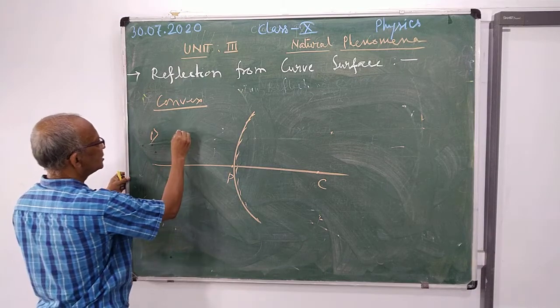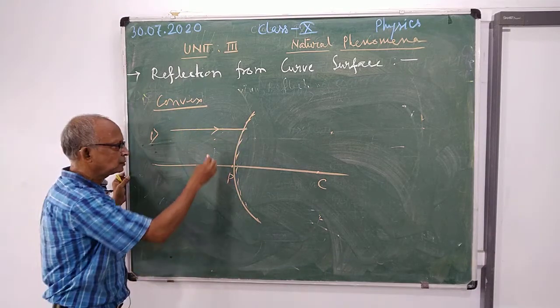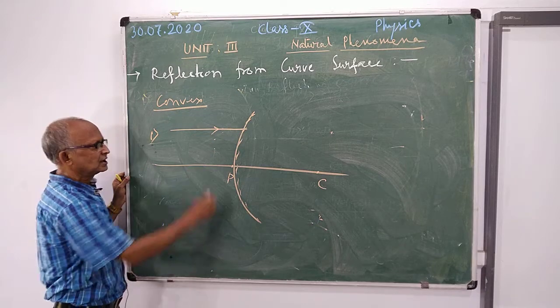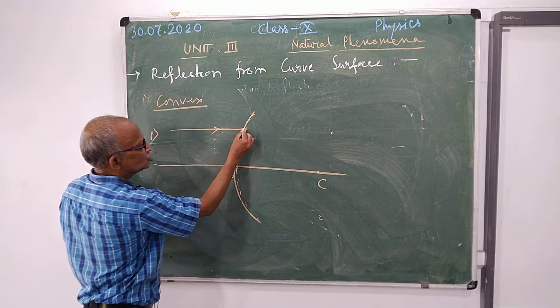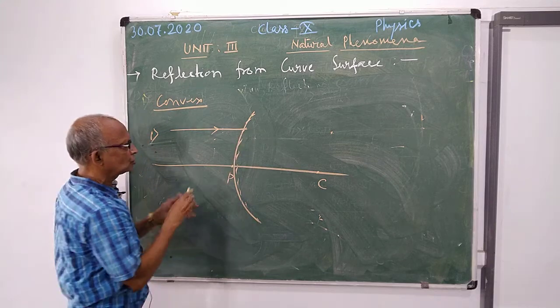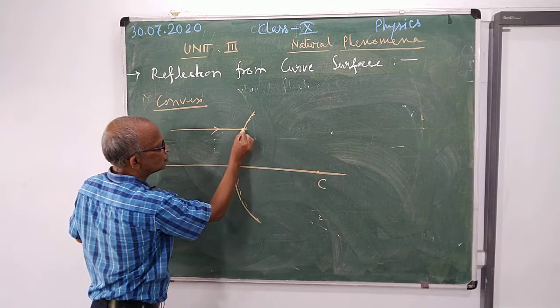First one is the ray parallel to principal axis. You understand? Incident ray parallel to principal axis. Then we need to draw the reflected ray. How? Join the normal. How can you draw a normal? Join point of incidence to center of curvature.